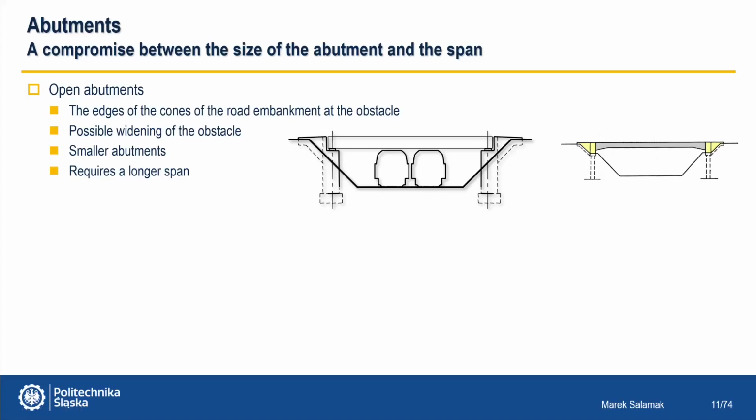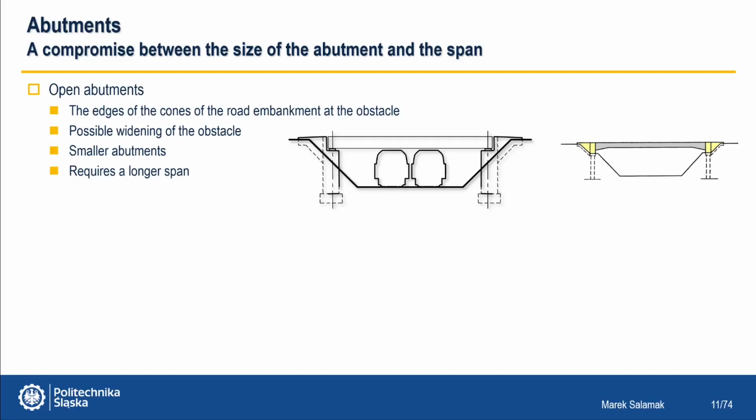The adoption of the abutment type, whether it is to be open or closed, is always the result of looking for a compromise between the size of the abutment and the length of the span. In the case of open abutments, the edges of the road embankment's cones are right next to the obstacle, and the abutment's walls are already at a distance from the gauge, from railway lines.